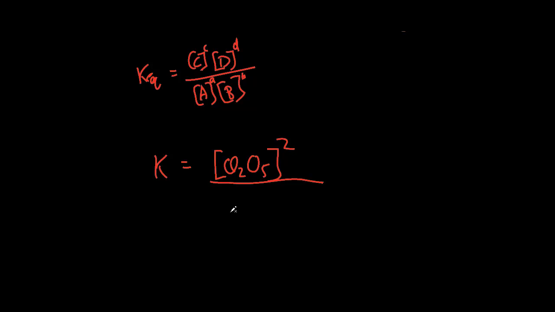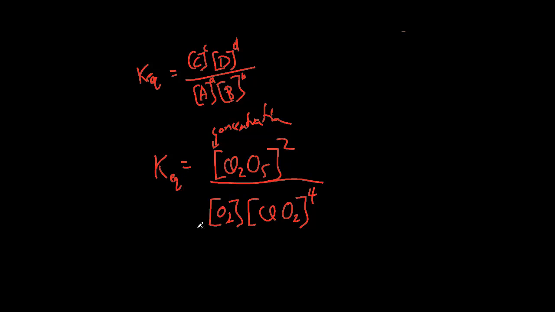Over the concentration of my reactants. First one was O2 times ClO2 raised to the 4th power, since 4 was the coefficient. In chemistry, brackets mean concentration. And K, in this case at least, would be the same thing as saying equilibrium KEQ.